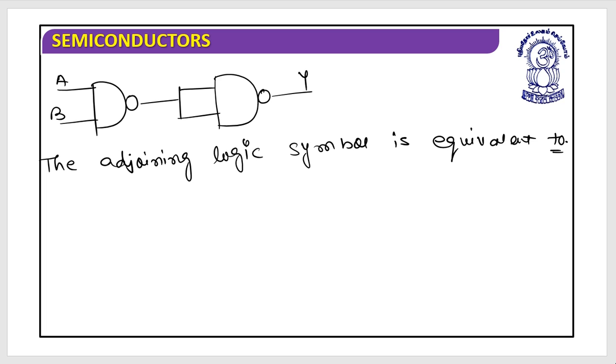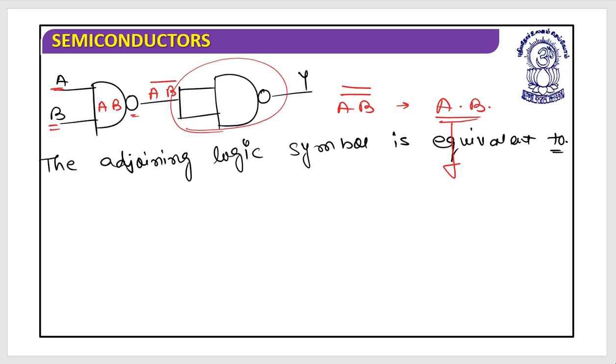What does it represent? This is A, this is B, this is the AND operation, so it's A and B. Then it's a NOT operation, this is A and B, it's technically a NAND. And we now understand that this is A dot B whole bar, which is equal to A dot B. That's it, you did it. So basically it's an OR gate. Sorry, it's an AND gate. I hope you understand this.